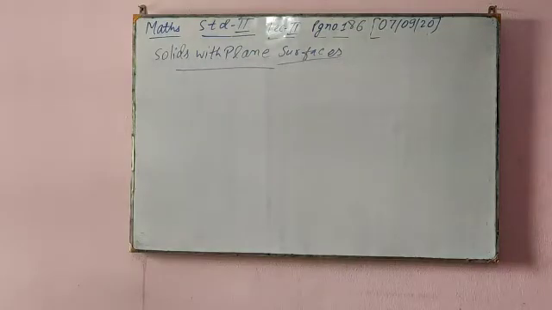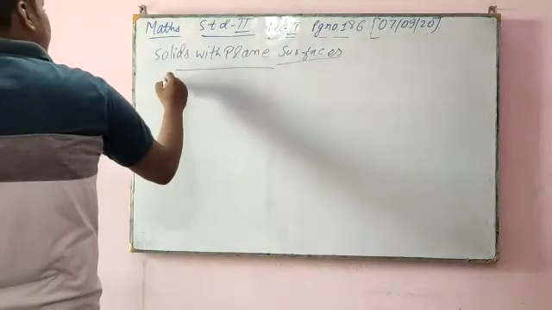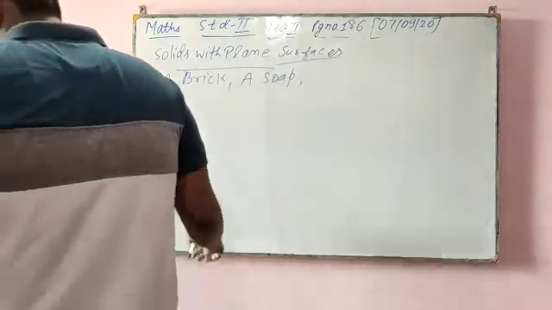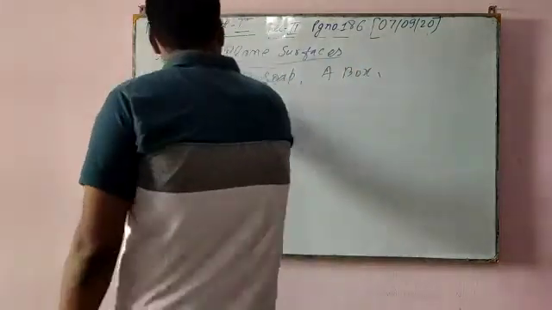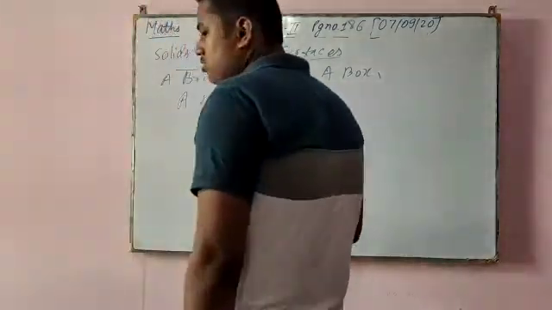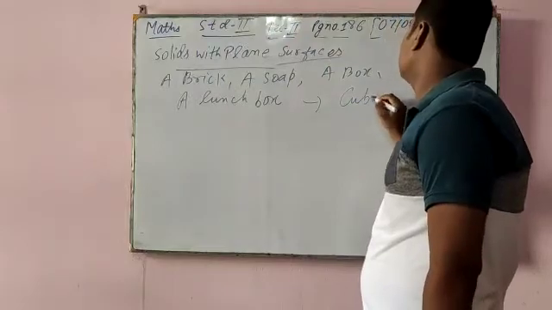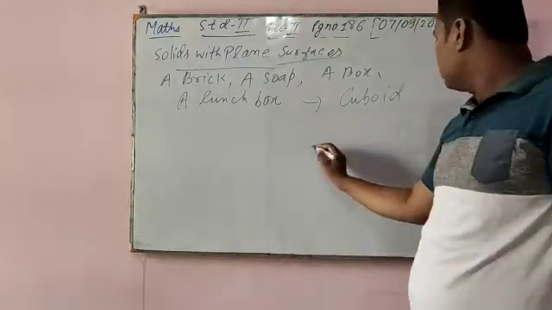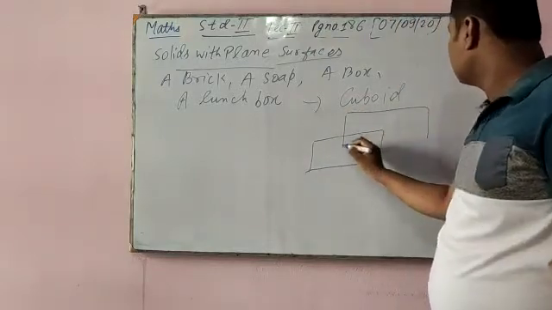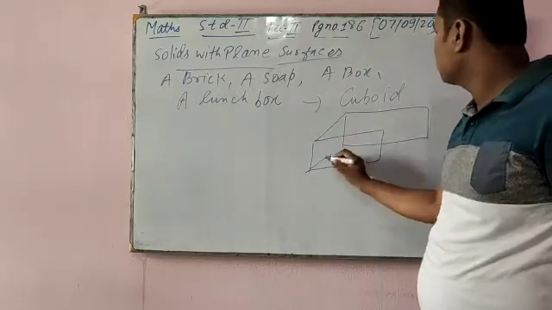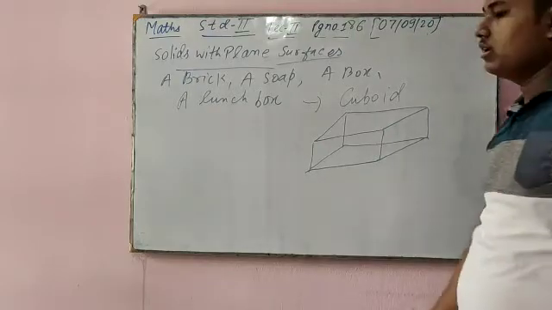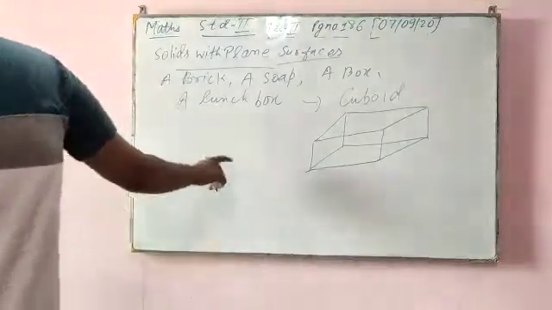If you have seen a brick, a soap, a box, a lunch box, all of these are known as cuboid. This is the real figure of a cuboid. So brick and soap are all in the cuboid shape.